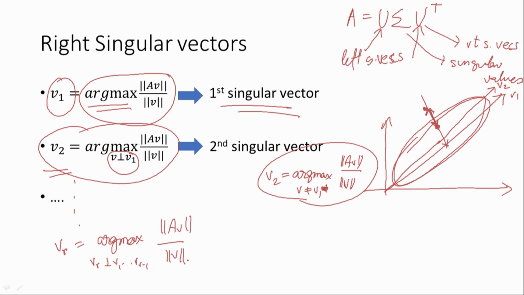Yeah, and you can get out only R of them, right? Because these V1, V2, VR are again an orthogonal basis of the row space of A. And because the rank of A is R, there can only be R of them.